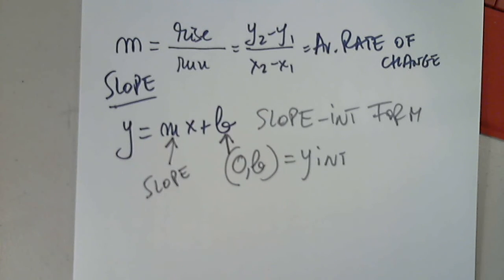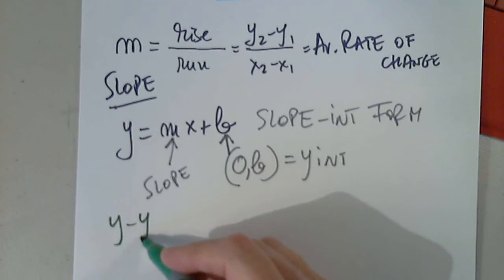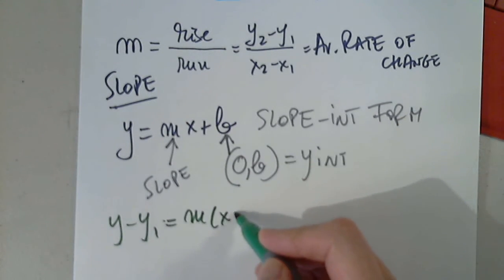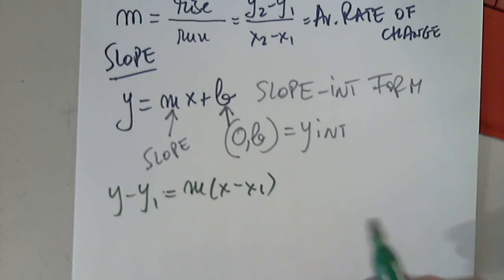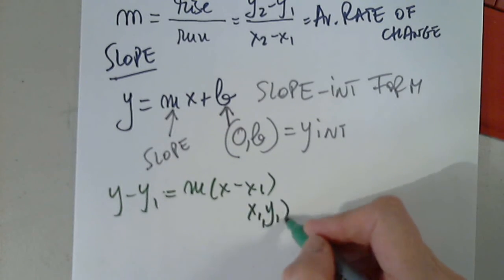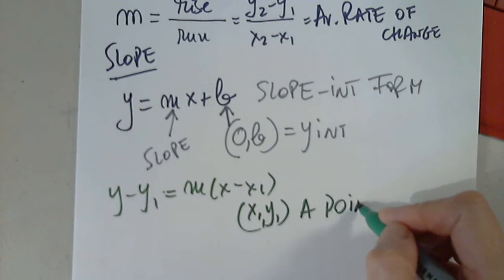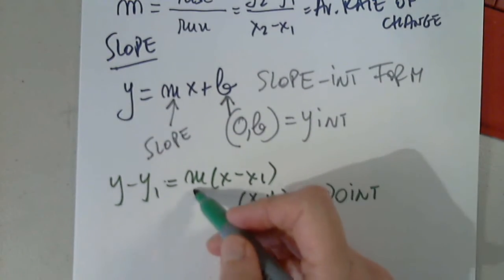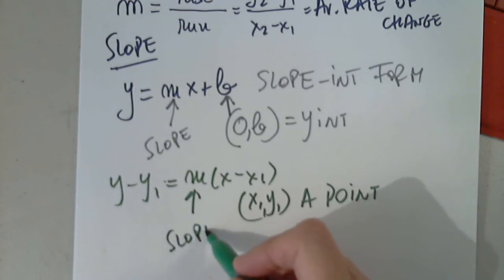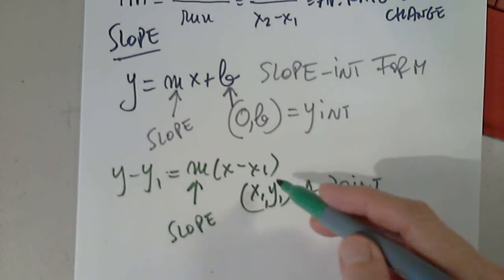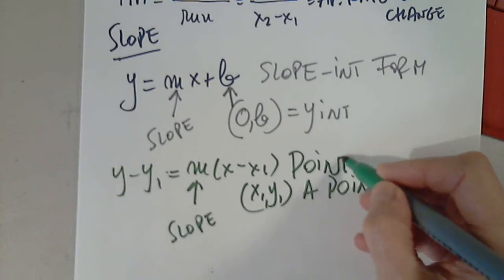We also have y minus y1 equals the slope times x minus x1, where x1, y1 is a given point, and the slope, of course, is here. Therefore, this is called point slope form.